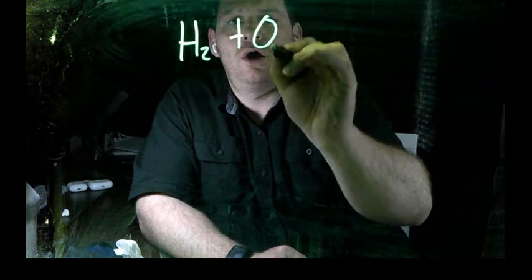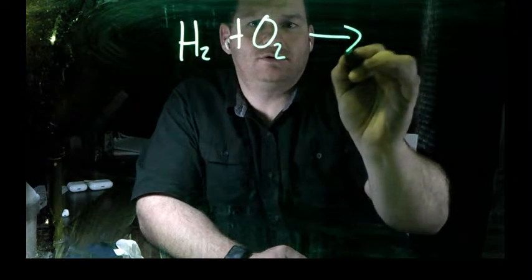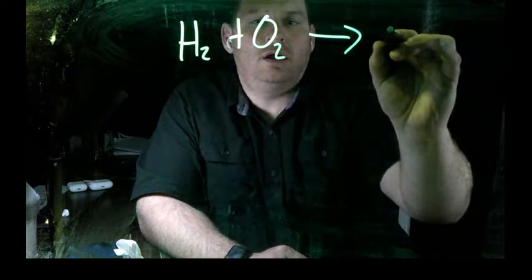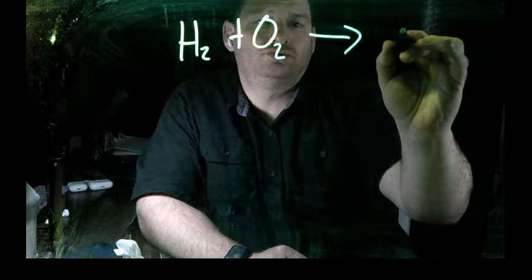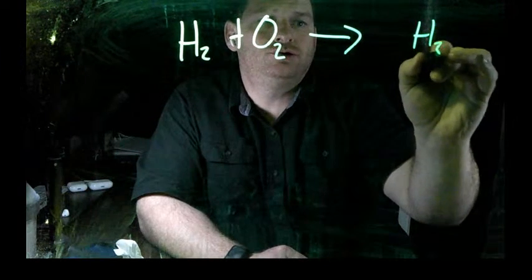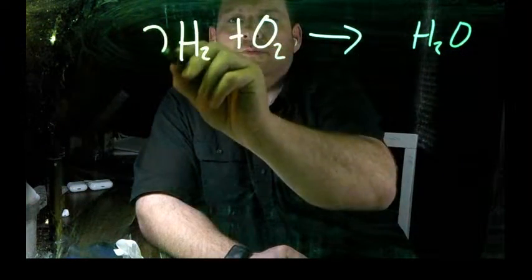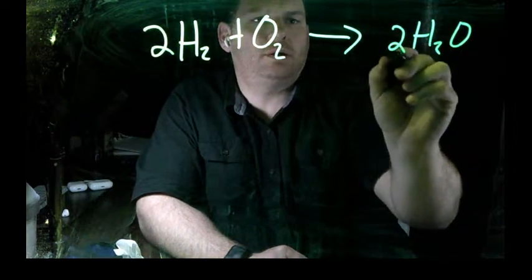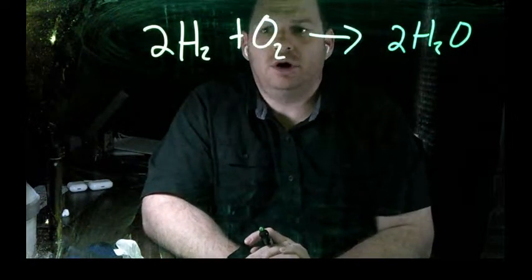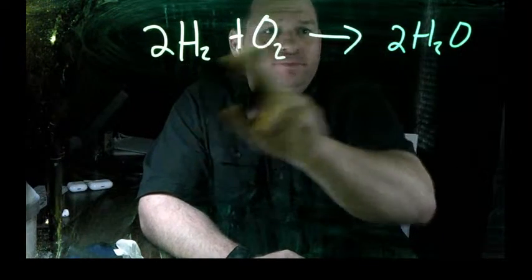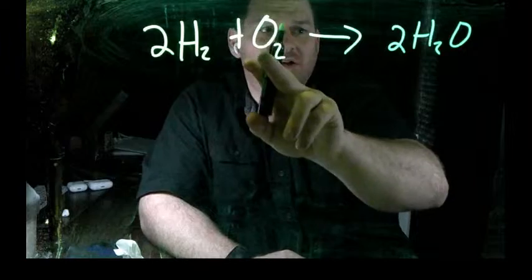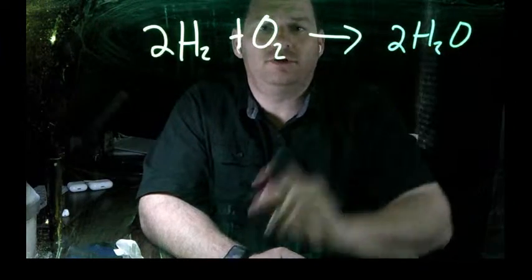But to say, use one I love using. We have H2 plus O2 reacts and creates H2O. Let's put a 2 up here and a 2 right here. Okay, so we can see we have 4 hydrogens here and 4 here. 2 oxygens and 2 oxygens because of that coefficient.